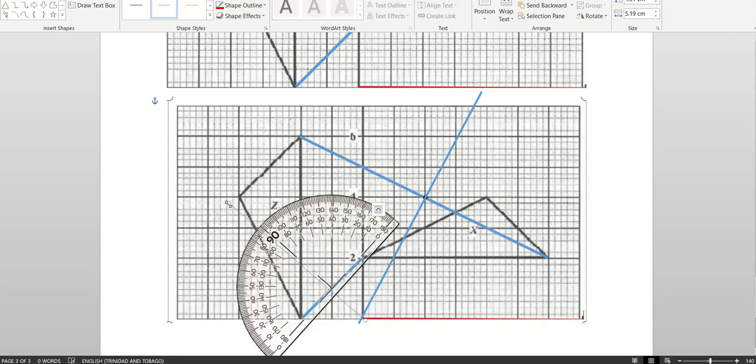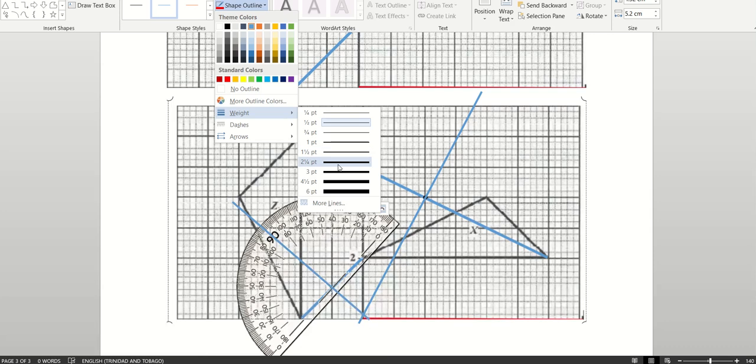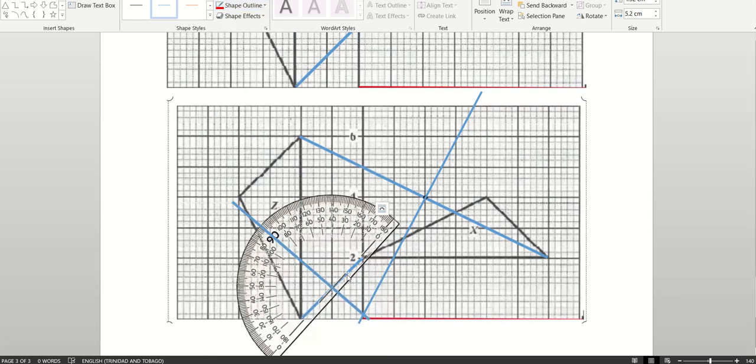Right, let me just fix it so it will line up to 90 degrees. Make this bigger. All right, I'm just going to make this a different color so we can see it better.